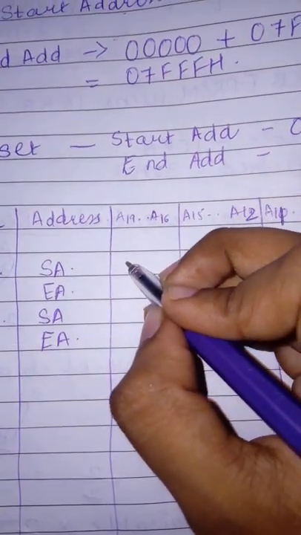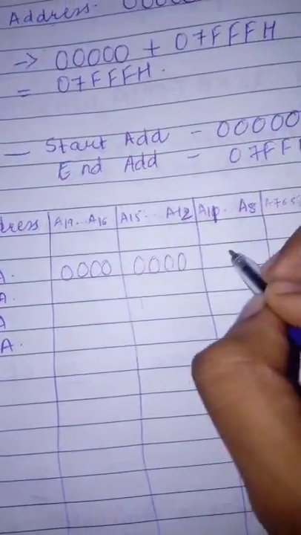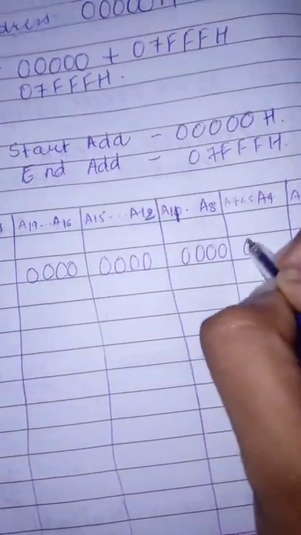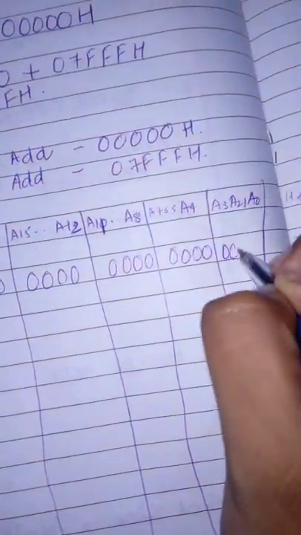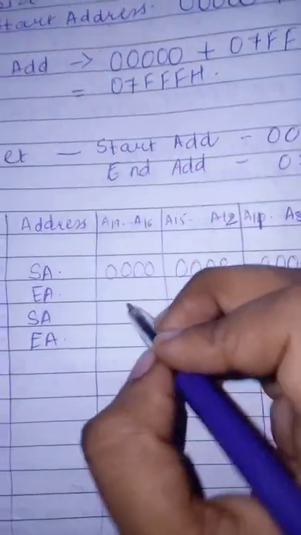Now as it is 000, I will write 4 times 0. Then 07FFEH.